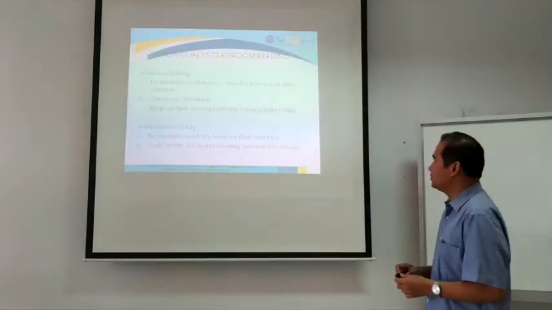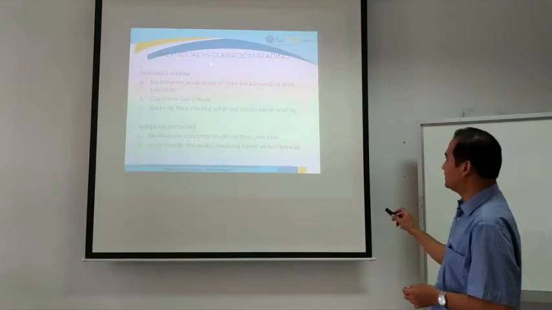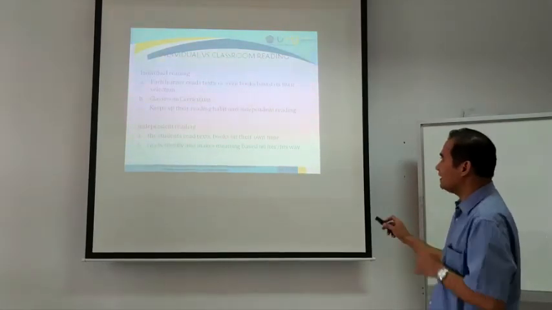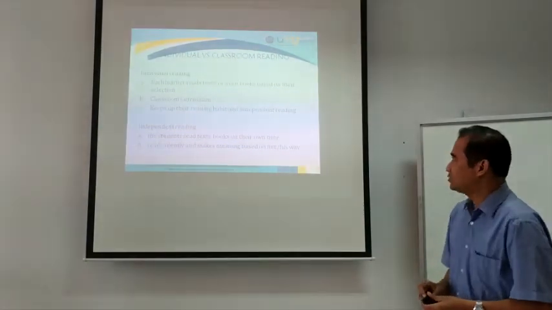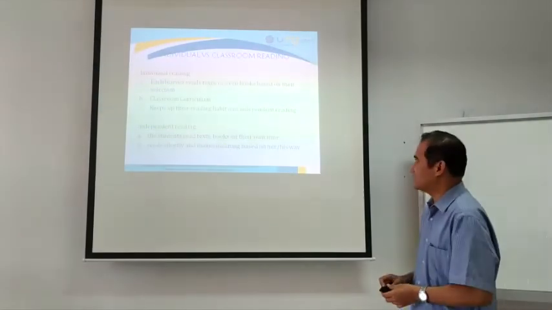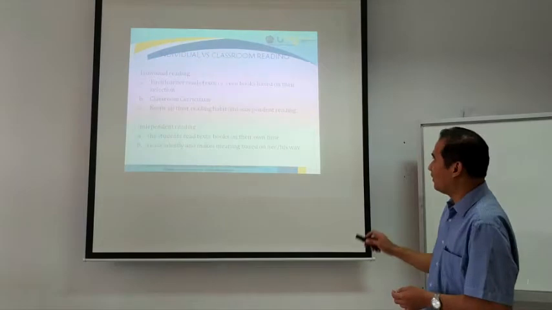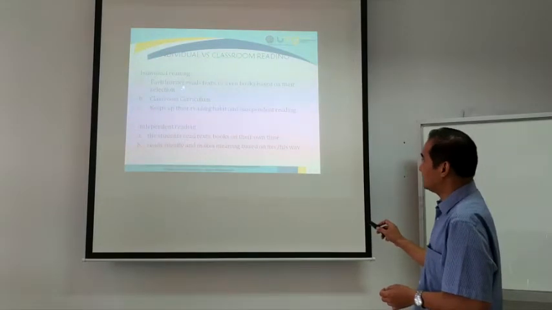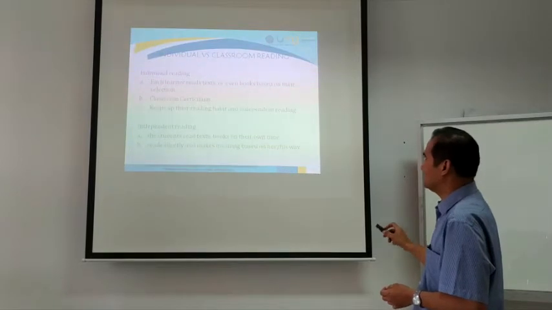Now we come to the issue of individual and classroom reading. Number one, individual reading. Actually, individual reading can be characterized by three elements. Number one is each learner in individual reading reads texts and even books based on their selection.